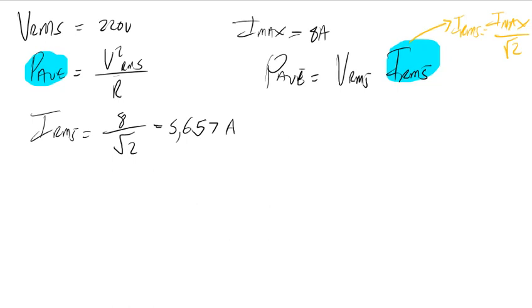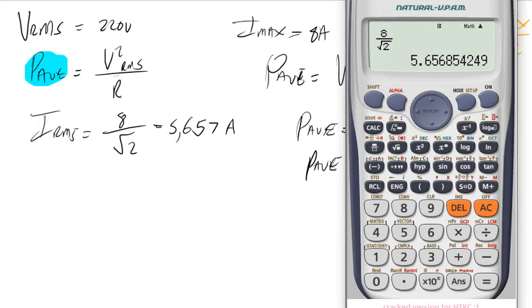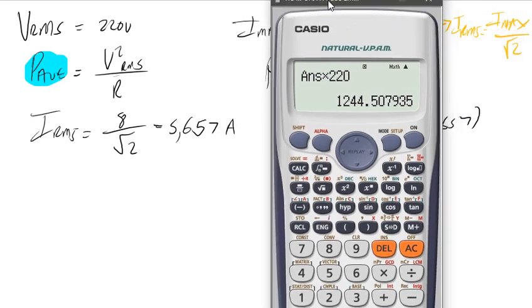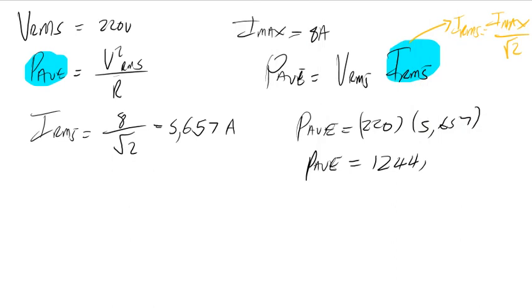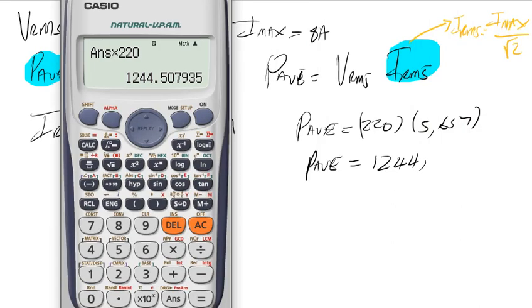Then we can go and say PAV equals 220 times 5.657. Therefore, PAV will be equal to, so just go to the calculator, say times 220. So this is our PAV: 1244.508.